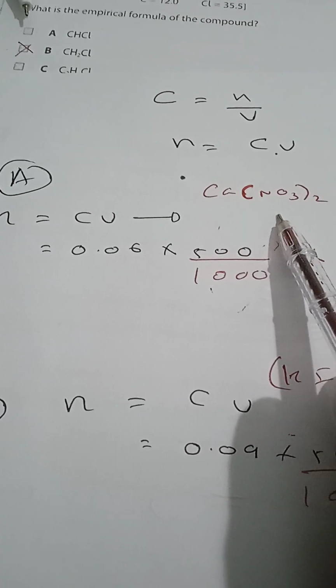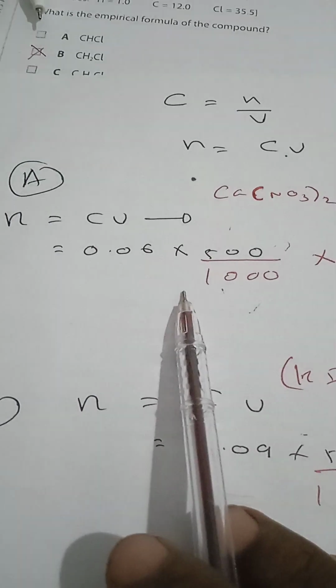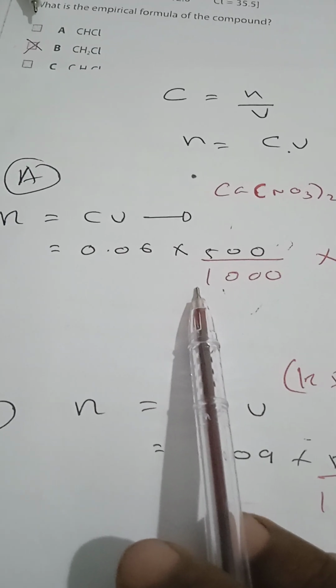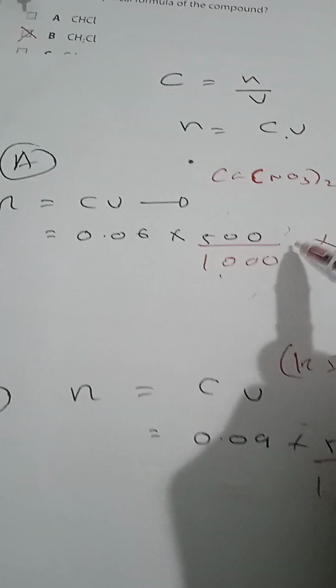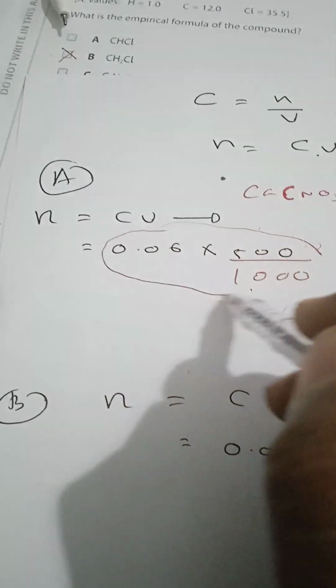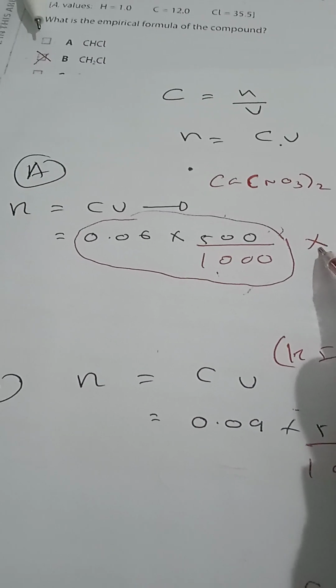And in the calcium nitrate, 1 calcium ion and 2 nitrate ions. So this is the number of moles, which should be multiplied by the Avogadro constant to get the number of particles.